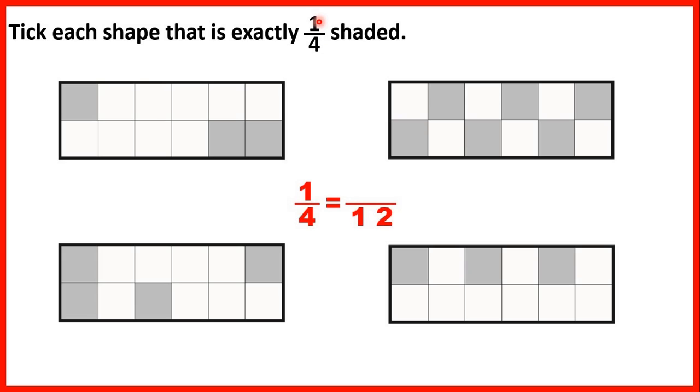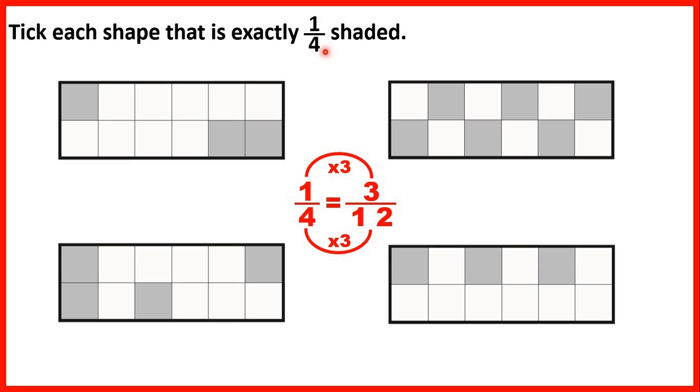So what we need to do is find a fraction equivalent to 1/4, which has a denominator of 12. Now to find equivalent fractions, we can use multiplication. 4 times 3 is 12, so if we do the same to the numerator, 1 times 3 is 3.